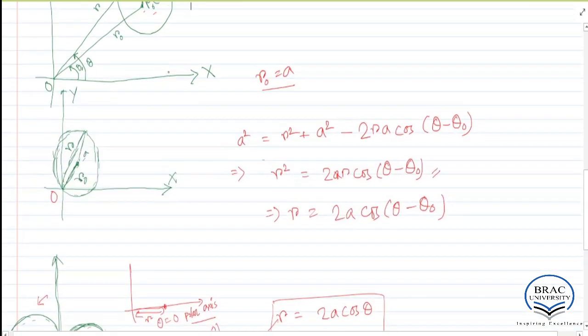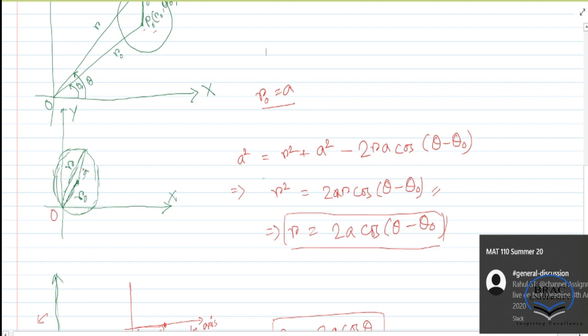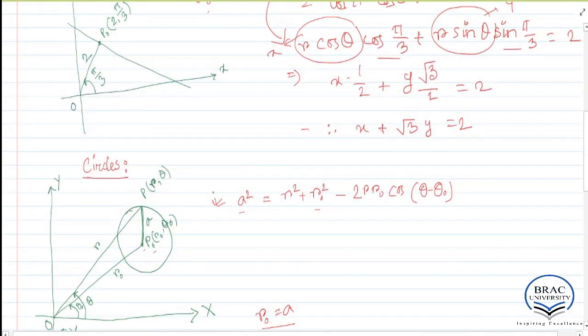And this is a general equation for a circle which passes through the origin. So the general equation is the first one.